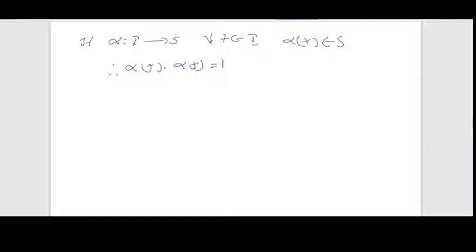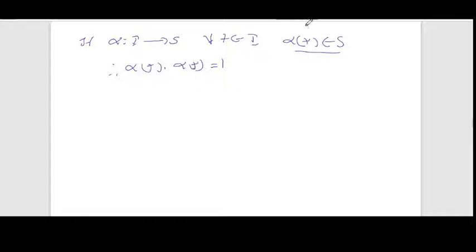We have S equal to the set of all v belongs to V such that v dot v equals 1, so alpha of t belongs to S means alpha of t dot alpha of t equals 1.